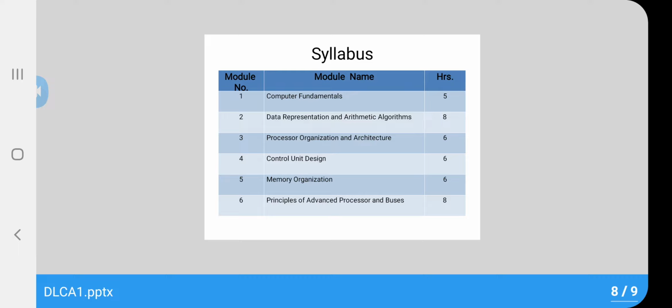The third module gives an overview of processor organization and architecture. The fourth explains control unit design. With the fifth module, we will be introduced to primary and secondary memory organization. The sixth module informs about the advanced processors and their data, address and control buses.